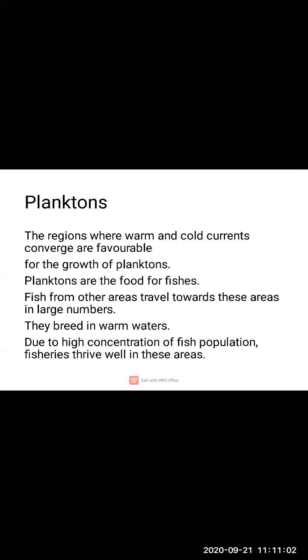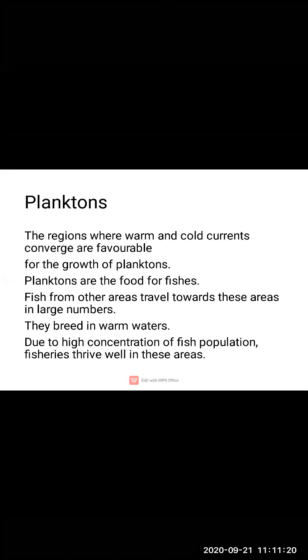Fisheries means the occupation or industry of catching fish. And thrive means grow or develop in these areas.